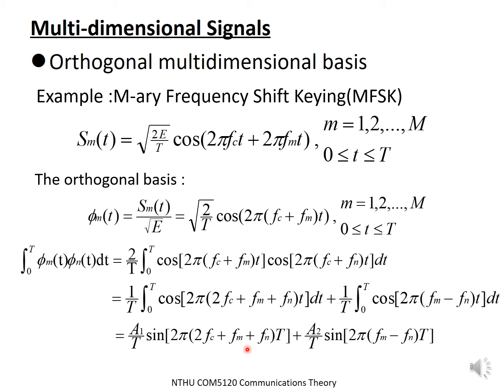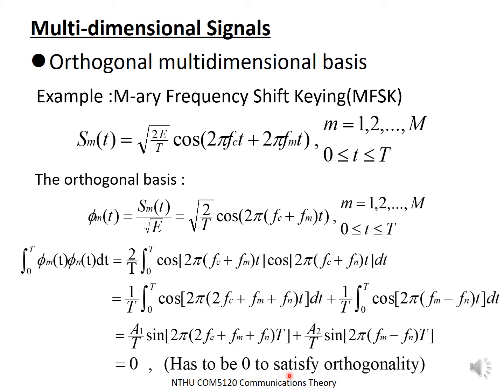We can select fm and fn carefully so that this inner product is 0. The sum has to be 0 so that the orthogonal condition can be satisfied.